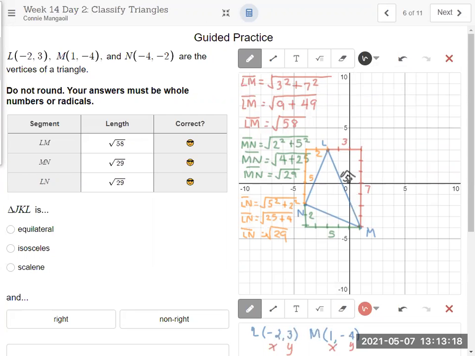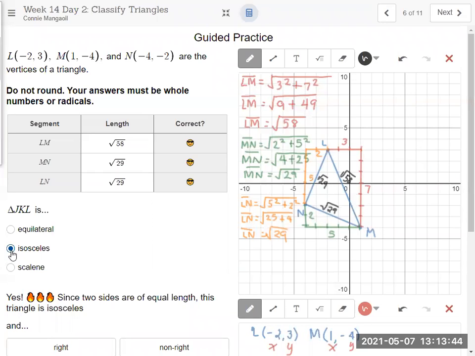MN is equal to square root of 29. And then LN is also square root of 29. So one side is square root of 58. The other two sides are both square root of 29. So this one is an isosceles triangle because you have two sides that are equal.